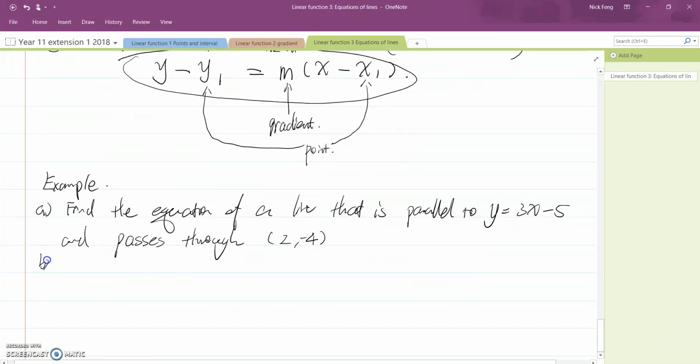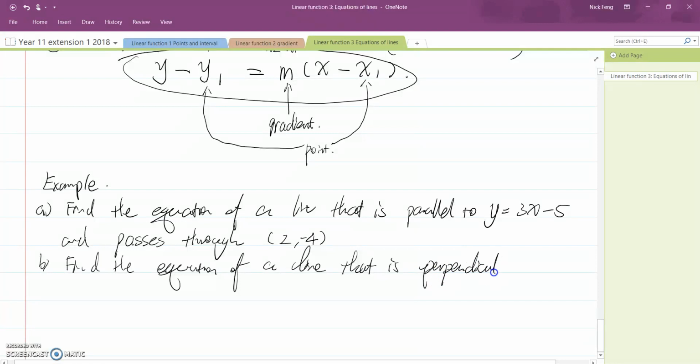Okay, part B, find the equation of a line that is perpendicular to y equals 2x minus 8 and passes through the point 4, negative 8.